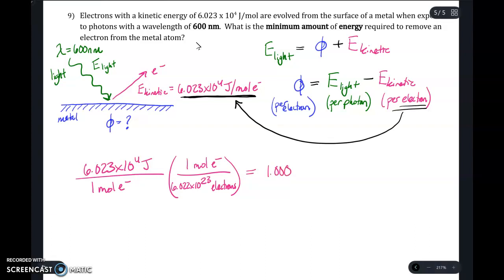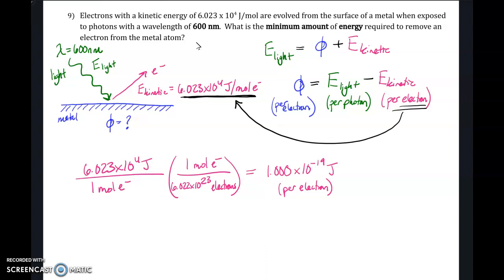And the way I designed this problem is so that we get kind of a nice number here, which is that it's about 1 times 10 to the negative 19th joules. And again, remember, this is per electron for the kinetic energy that's left over.